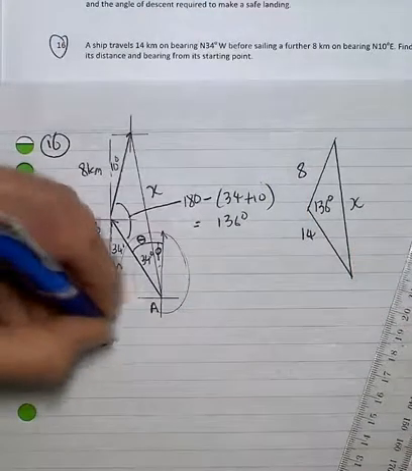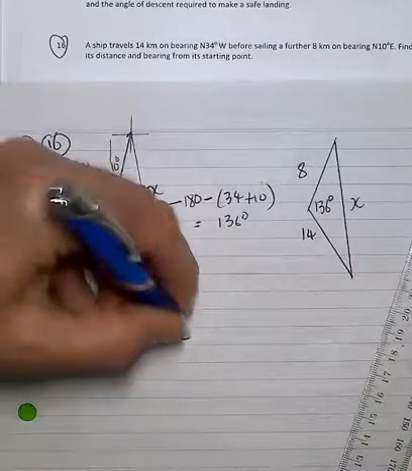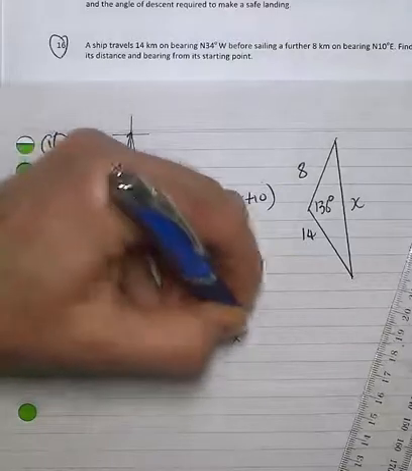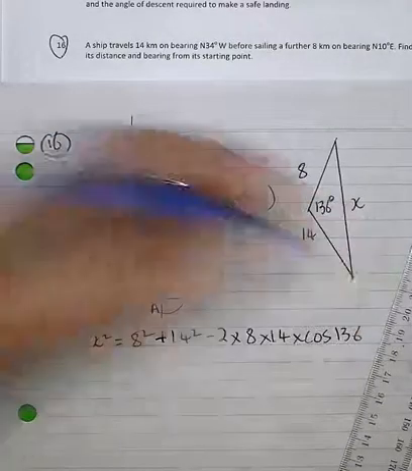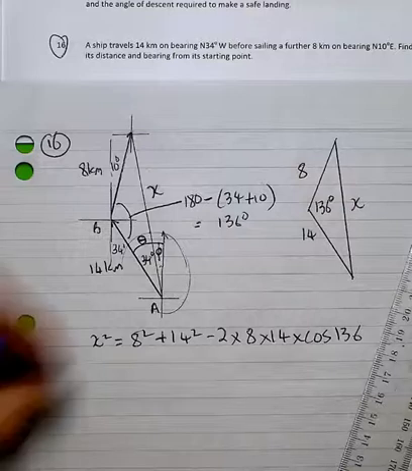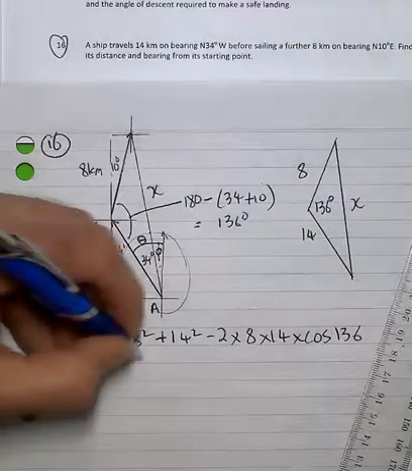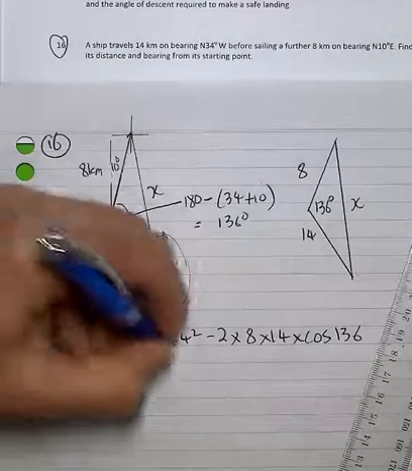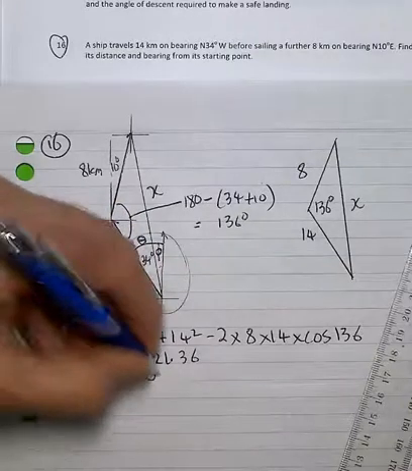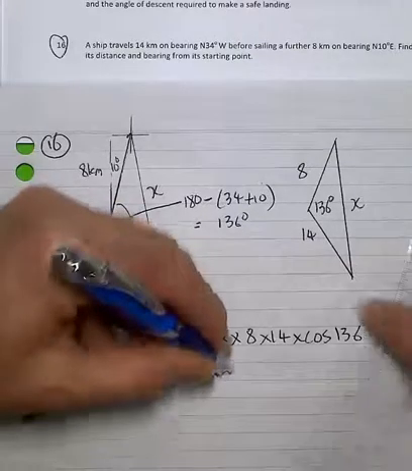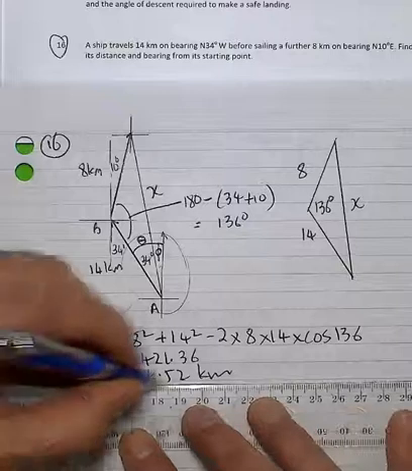So x squared is 8 squared plus 14 squared, take 2 times 8 times 14 times the cos of 136. So I've now got x is equal to 20.52 kilometers when I take that square root.